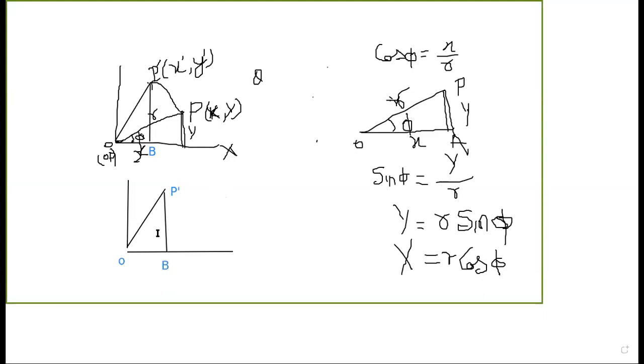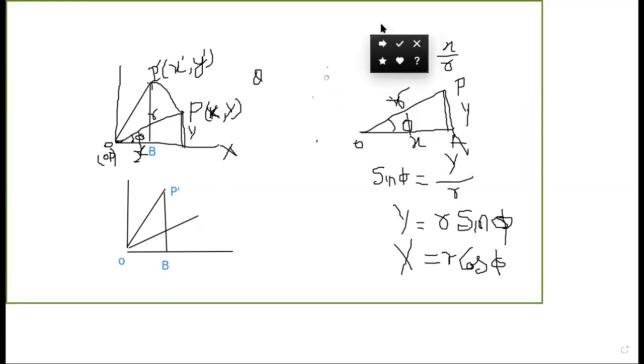Okay. So your angle is what? Previously in this, it was phi, and you have rotated this by theta. If you see, previously it was how much?